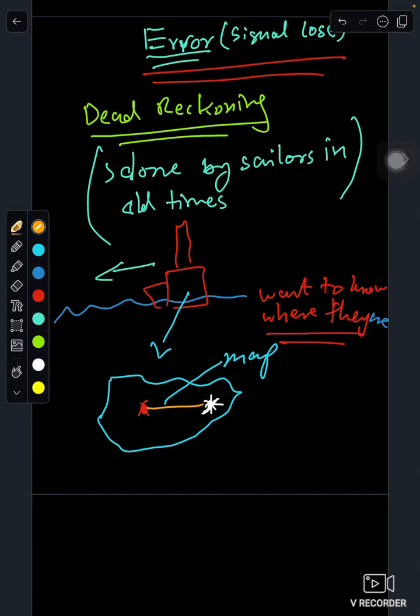Plus they measure the speed. How they measure speed is different. They throw a rope down into the ocean with knots attached to it, and with each knot going out of the ship in each interval, that tells the speed of the ship.